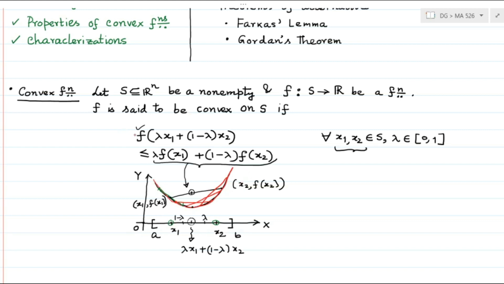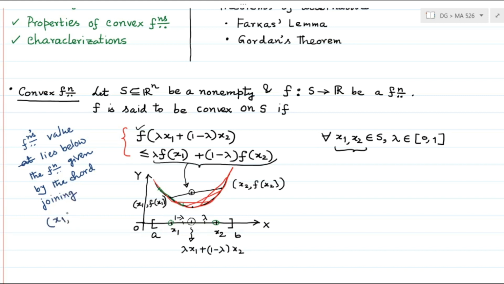Therefore geometrically this inequality signifies that the function value at any point lies below the function given by the chord joining the 2 points x1, f(x1) and x2, f(x2).